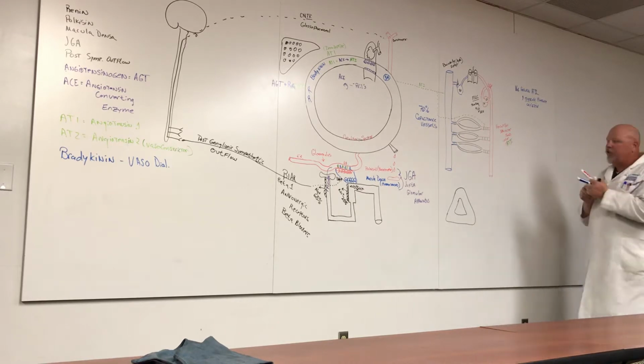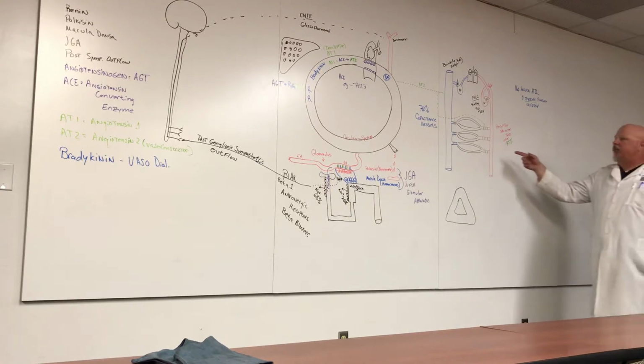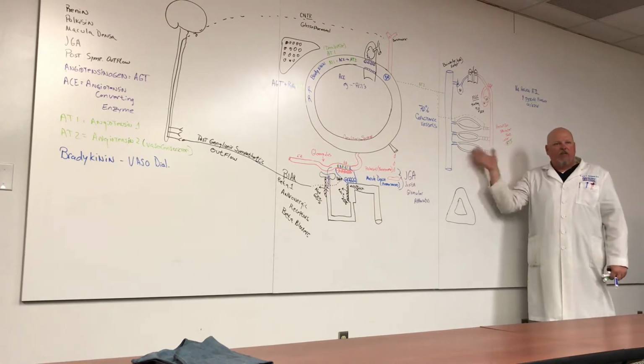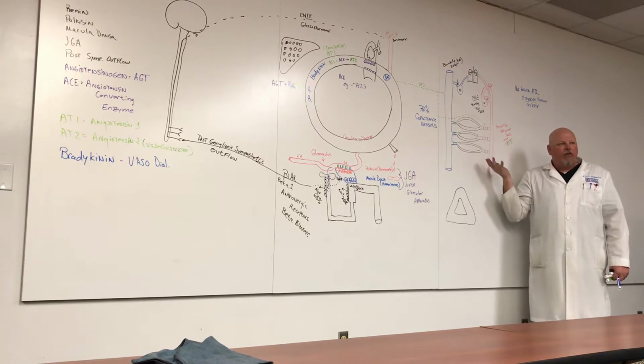Okay, so now, if I shut the precapillary sphincters, what happens? If I don't give the blood an outlet, it's a closed loop, a closed system. So if I don't give the blood an outlet, it backs up. So it backs up under the system of diastole.